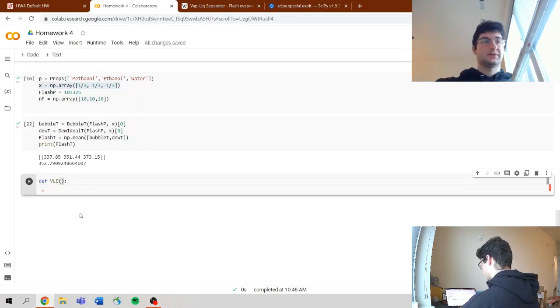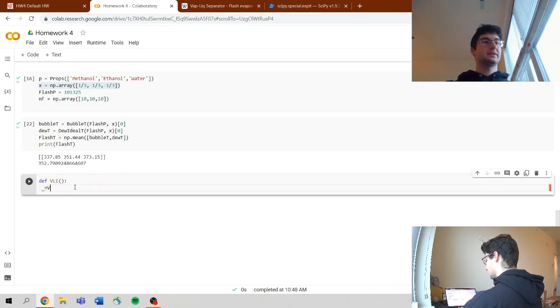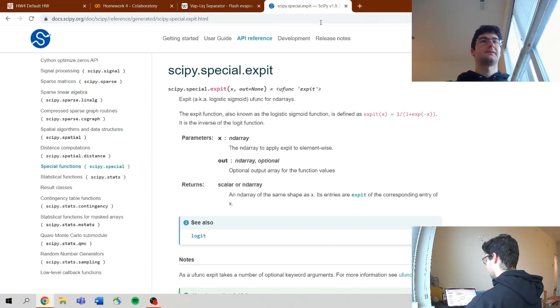What we want to do first is look at our vapor fraction. So let's calculate NV. Let's show something: SciPy has a handy function called expit, which stands for the logistic sigmoid function. What it equals is 1 over 1 plus e to the power of negative x.